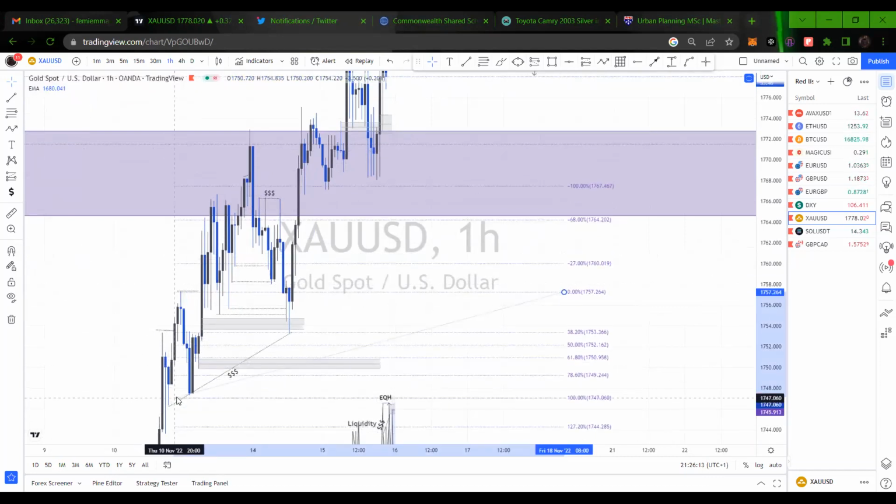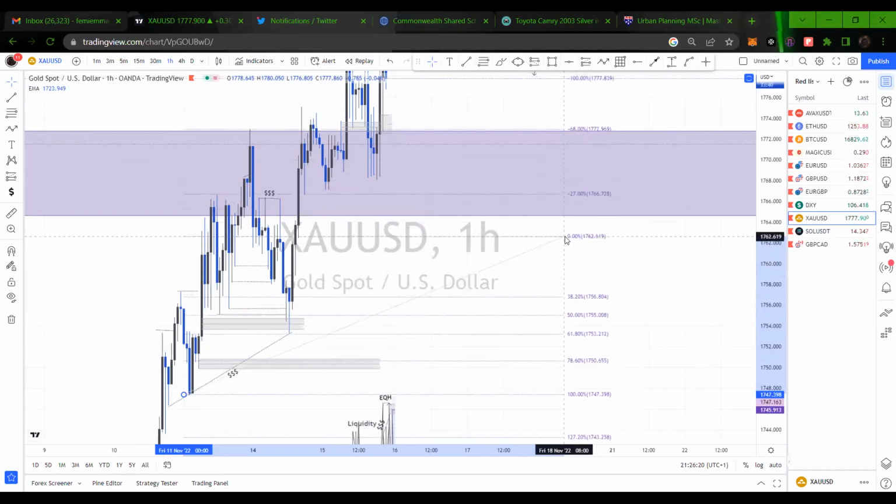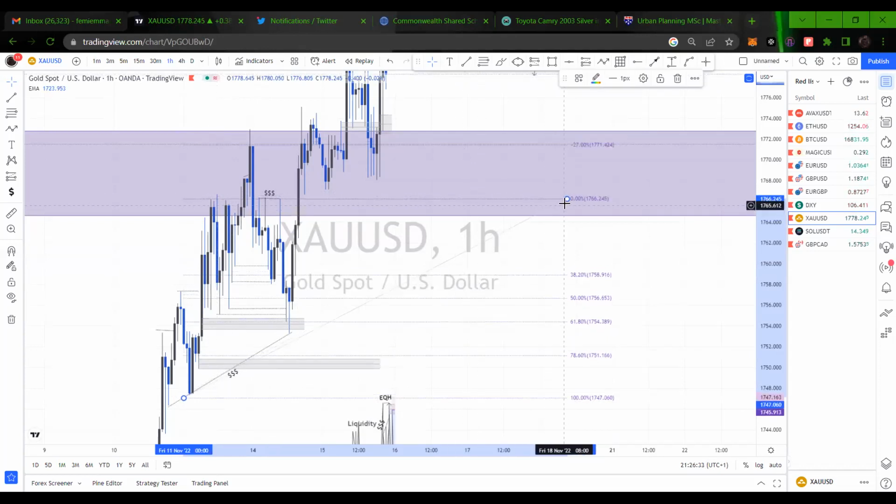Now the new swing low is this fib level here, and we have a new swing high, which is this top. This very top right here. So this is our swing low, that's our swing high. Some people might argue and say our swing high is here.